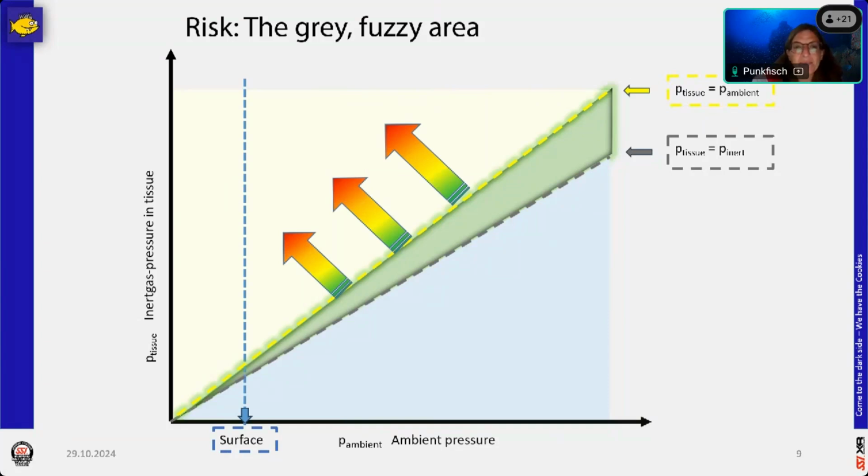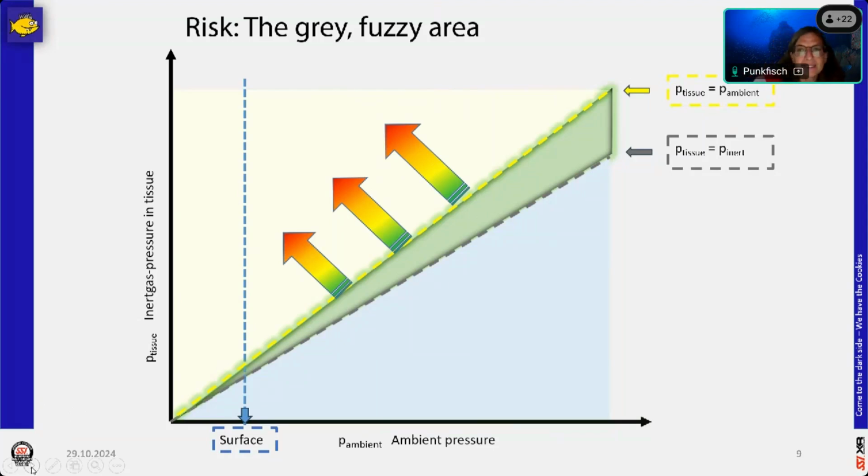So this means you have to put a limit somewhere, and you put this limit somewhere in the area of a higher risk, wherever you think it is adequate. And this is exactly what the people did who developed the models. So when Buhlmann developed his decompression algorithm, this was done by a lot of experiments in hyperbaric chambers and as well in the water.